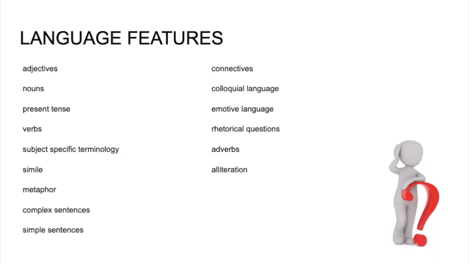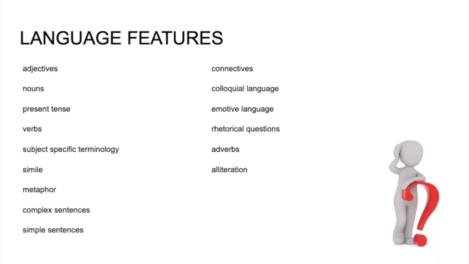Just a bit more information about language features. A lot of you are asking, do you have a list of language features? Well, there's some of the ones that I've come up with, and it really depends on your actual text as well, because if you have a persuasive text, for example, you have more emotive language and persuasive language. So they're just general language features that apply to most texts that you will look at.